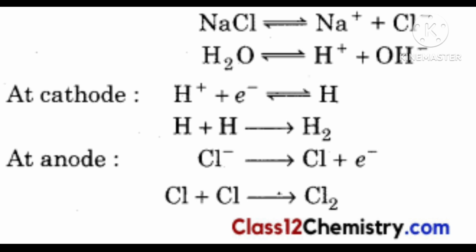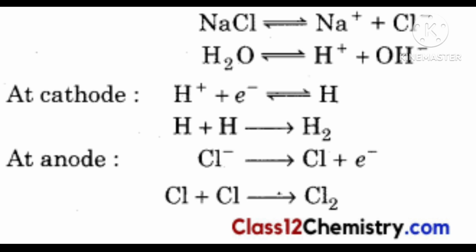HCl is less, 159, and HBr is 185, which is more than HCl, and HI is highest, 222. This is the melting point.